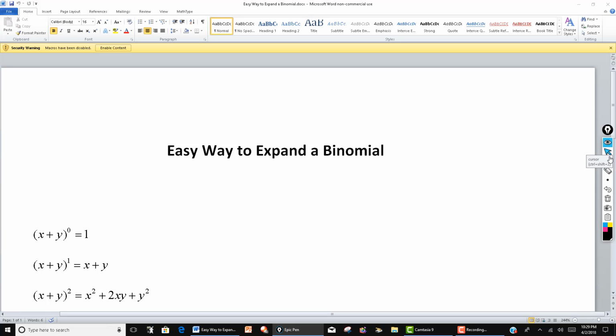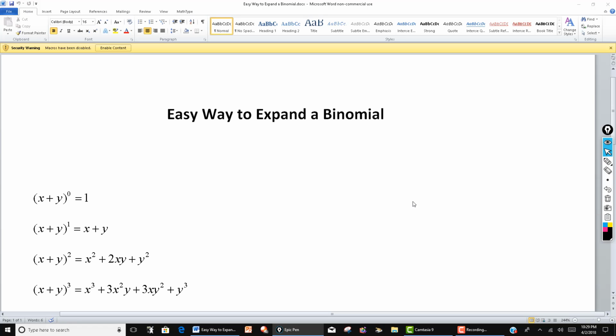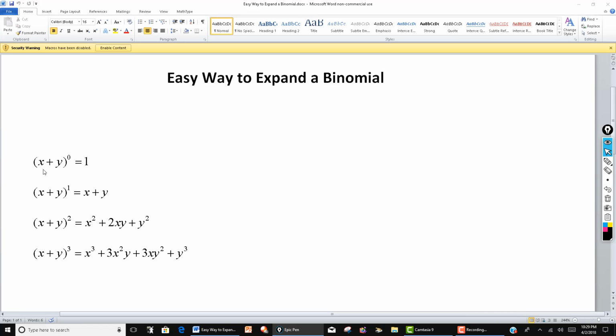So just to give you some perspective or review, let's look at some that I have here. So I have x plus y to the 0 power is equal to 1. So first of all, I want you to think of x as the first term of the binomial and y as the second term. And keep in mind that those could be anything.